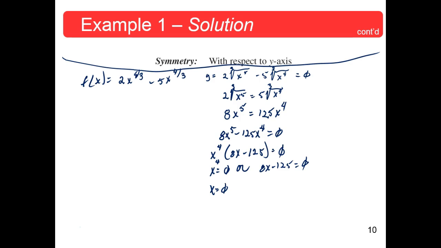What does a multiplicity of 4 tell you? It's an x-intercept, right? An x-intercept, where y was equal to 0. So x equals 0, wherever it's coming from.